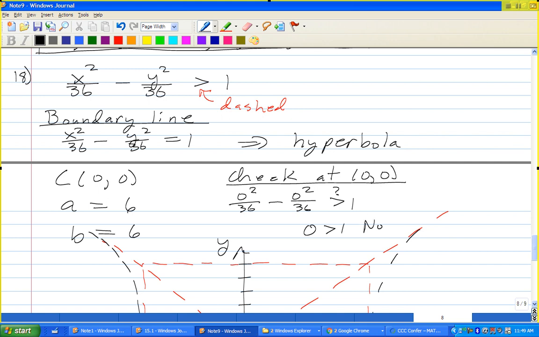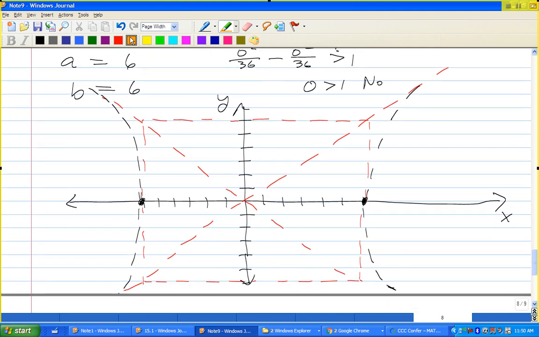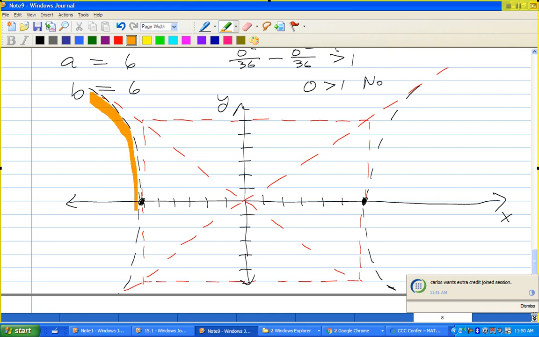No. Okay, therefore, I will shade where it does not contain the origin, and so I'm going to shade out here as best I can.